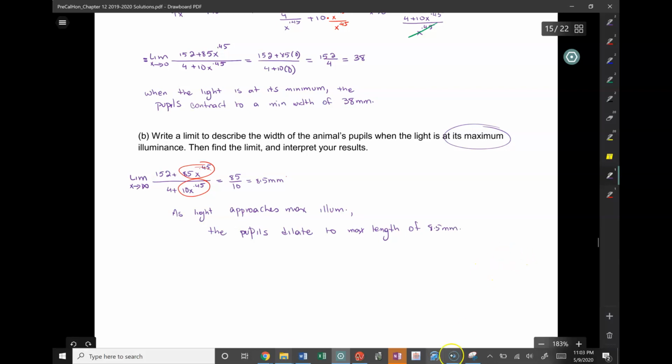Okay, obviously the semantics of it can vary. It's what is important, right? As the light approaches a maximum, that's important. Maximum, okay, and then the 8.5 millimeters with the units is important, right? The pupils dilate, length of 8.5, right?